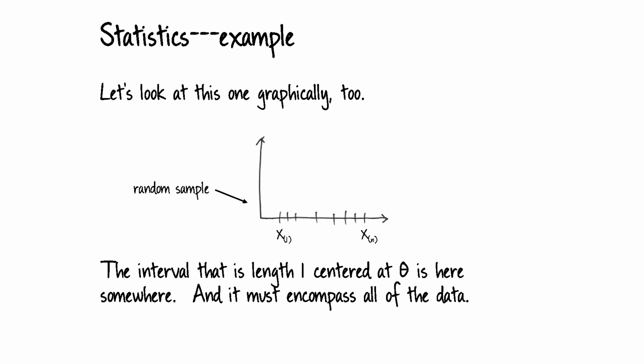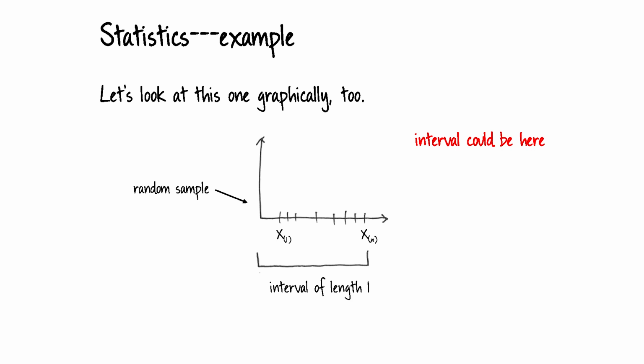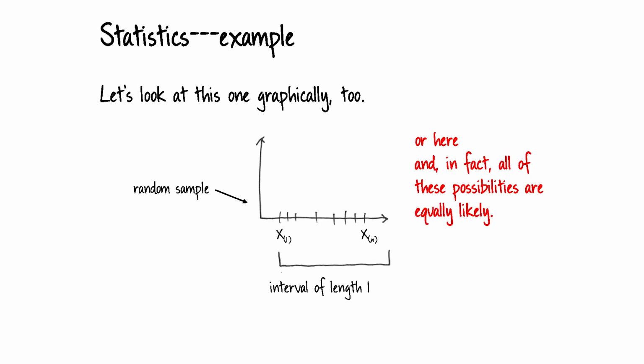It's got to encompass all the data. So what are the possibilities? Well, the interval could be there, could be there, could be there. And in fact, there's a whole continuum, and all of those possibilities are equally likely.